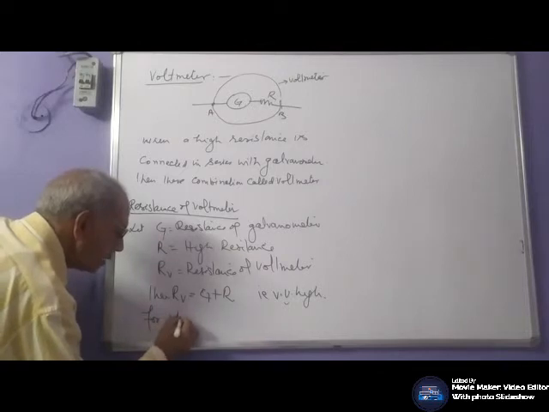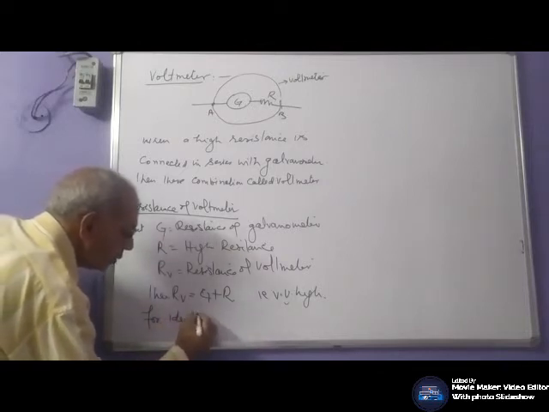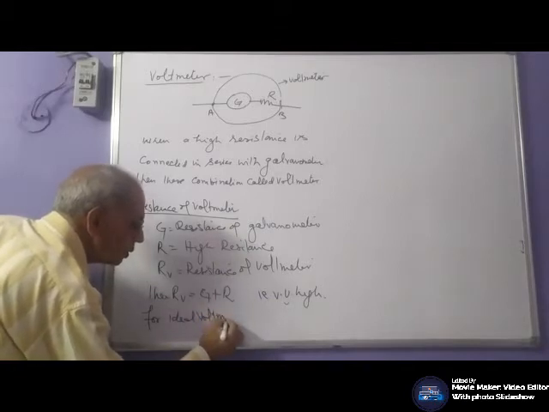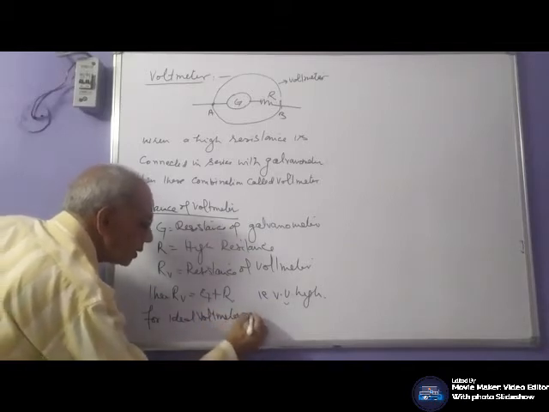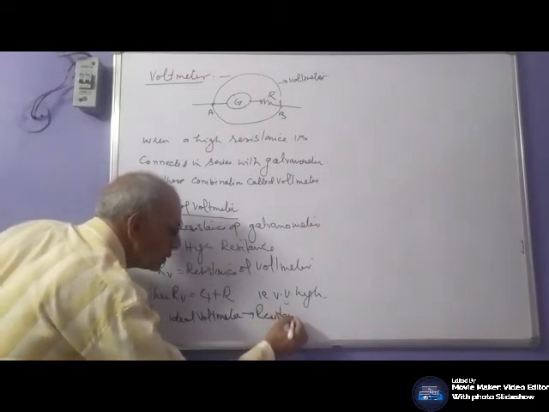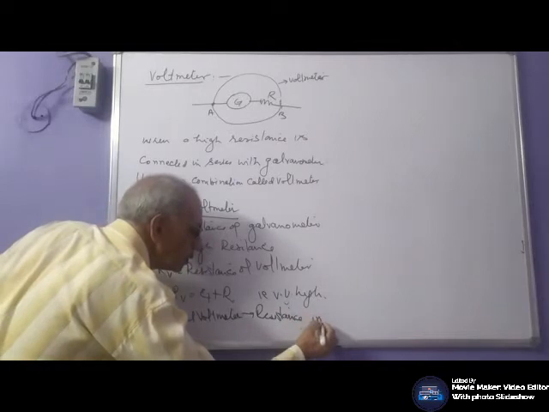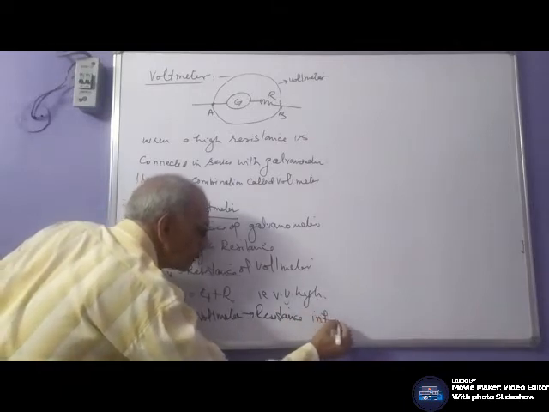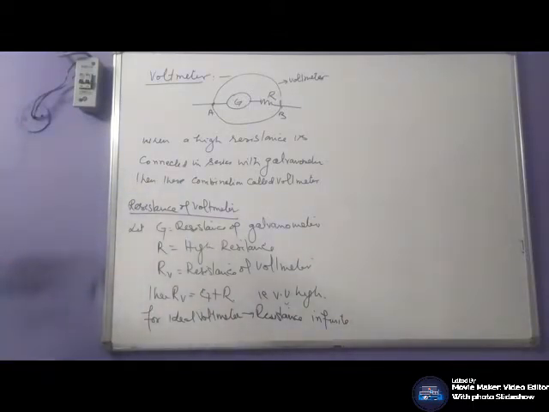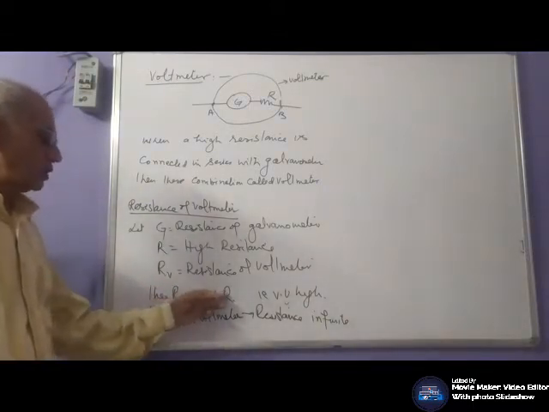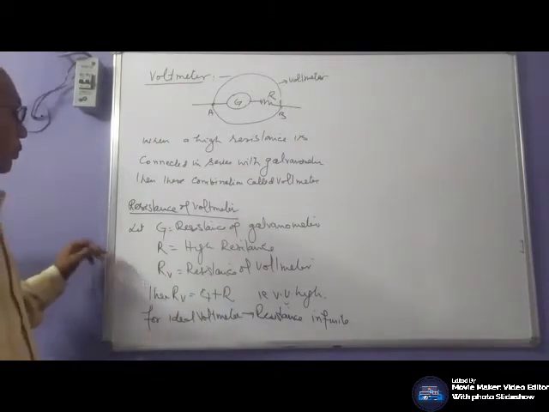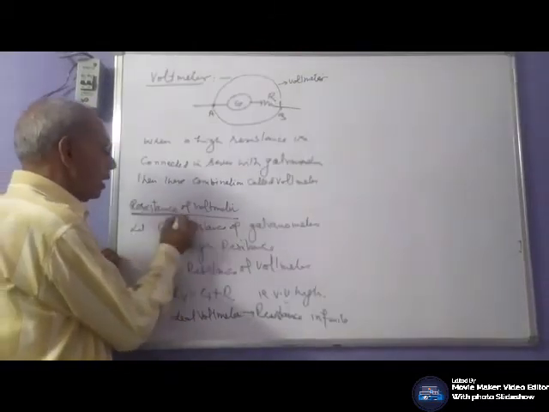For an ideal voltmeter, the resistance is infinite. Say this is 100, this is 1000, very large. The resistance of a voltmeter is very, very large.